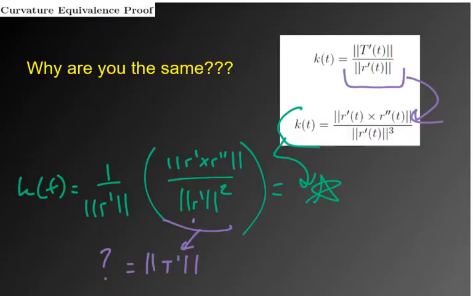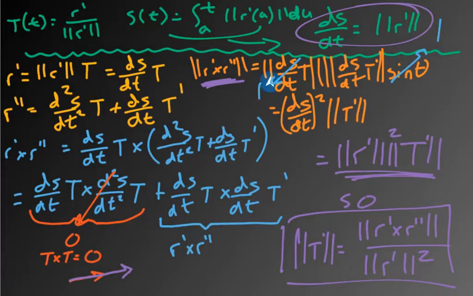That was what I was talking about over here is really sufficient. I needed to show that the magnitude of t prime is equal to this thing, which is what I just walked through. It's a cool problem. It uses the geometric idea of the cross product, which is really important. It uses arc length and how you can go from this to this.